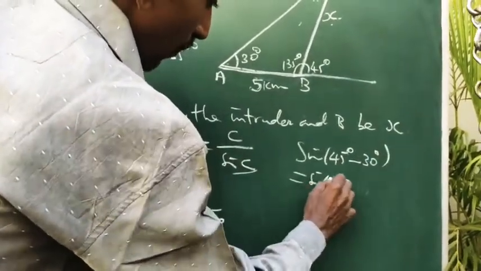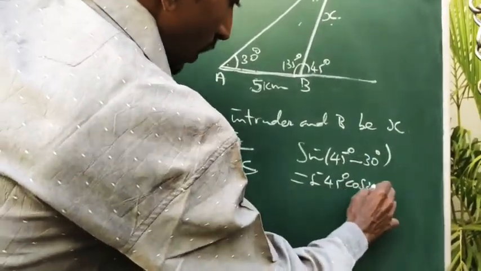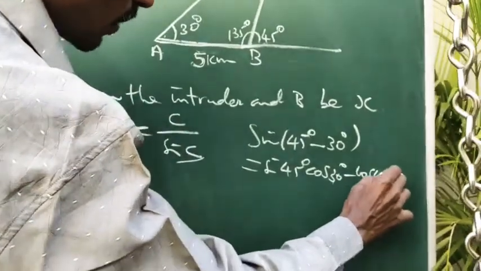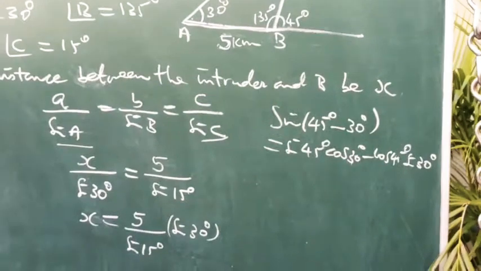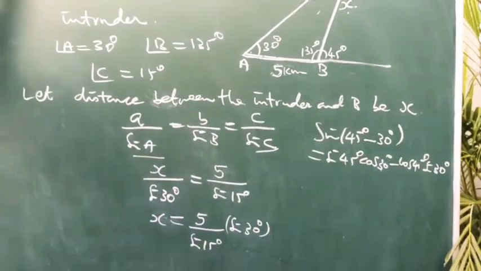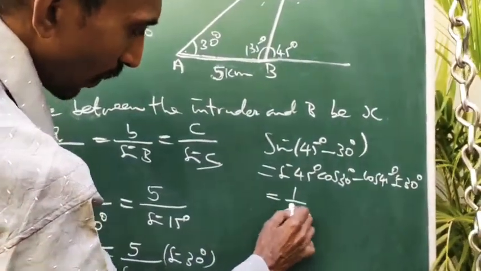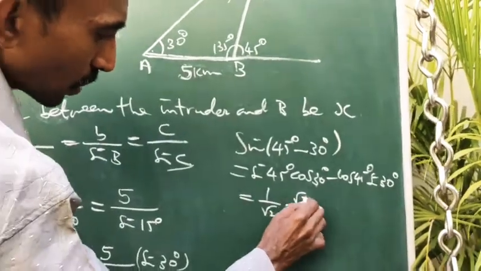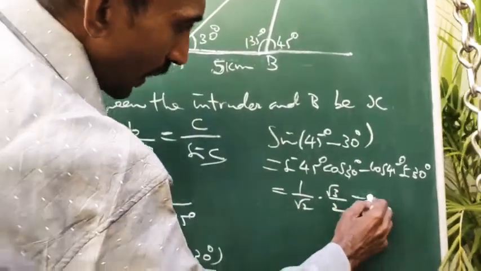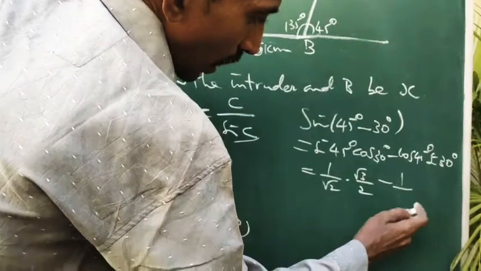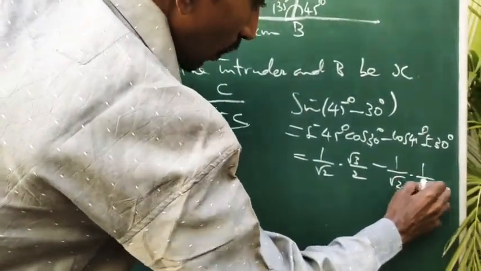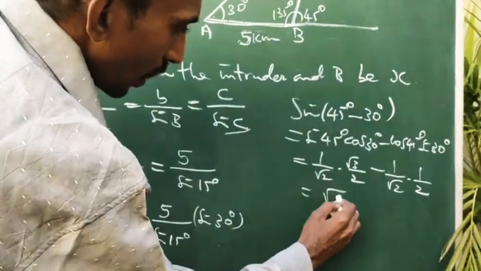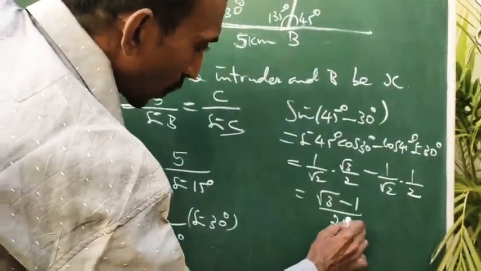So sine 45 cos 30 minus cos 45 sine 30, by the formula sine(A minus B) equals sine A cos B minus cos A sine B. If you apply here, you get 1 by root 2 into root 3 by 2, minus 1 by root 2 into 1 by 2. So we are getting root 3 minus 1 by 2 root 2.